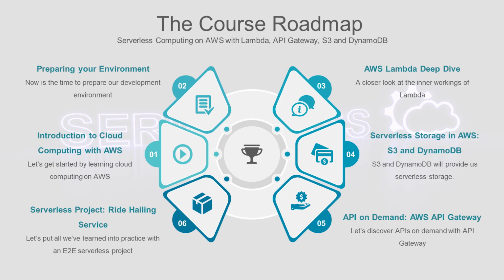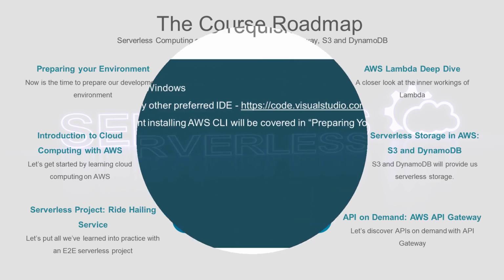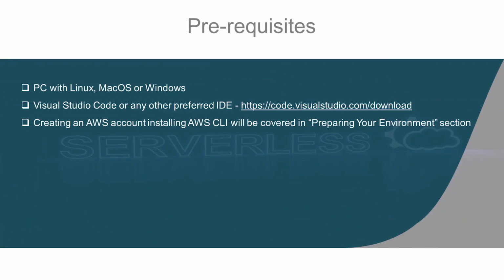It is going to be a real fun project and you're going to learn a lot from this. So make sure to grasp everything until section 6 so you'll be better prepared to tackle the serverless project challenge. And thanks to this serverless project, you're going to have all the foundations that you need for your next serverless project. Alright, now let's take a look at the prerequisites for this course.